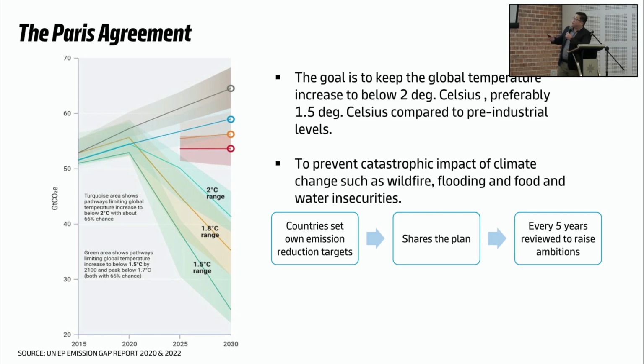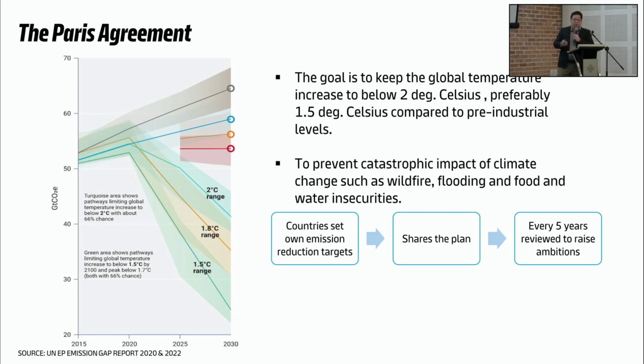Now, the starting point is somewhere at the blue line over here, right now. And in order to reduce the global temperature from here all the way to 1.5, it needs to be a reduction of 35 gigaton of CO2 equivalent per year.